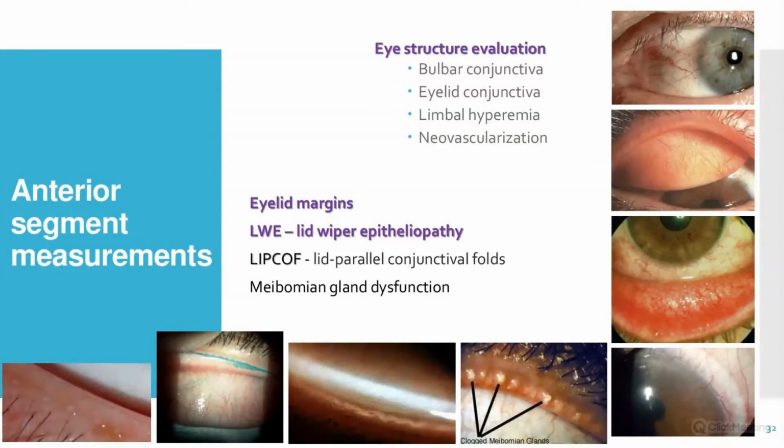We can assess lid parallel conjunctival folds and meibomian gland dysfunction, maybe not so much with contact lenses, but when we need to understand whether the patient has a problem with dry eye, and how we can assess this patient if they have these dry eye symptoms like meibomian gland dysfunction and maybe these lid parallel conjunctival folds. Then we need to understand what type of contact lenses we use for this patient.